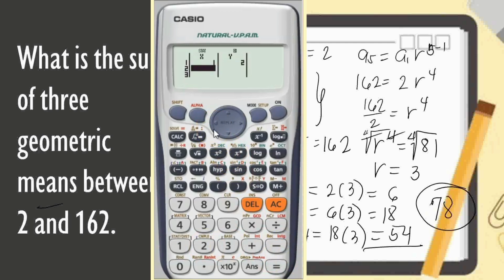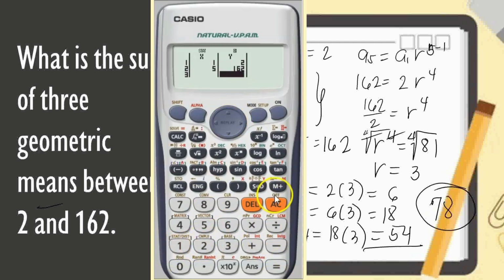Dahil nga sinabi doon na geometric means, so, gitna daw or pagitan nung 2 and 162, meron tayong 3 terms sa pagitan ng 2 and 162. Therefore, yung 2 yung first term, and then second, third, fourth, yun naman yung 3 geometric means, or yung nasa gitna. And then, yung 162 naman, siya yung pang 5th term. So, 5, and then 162.